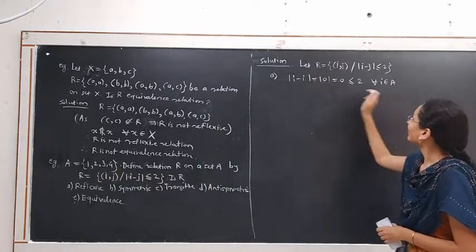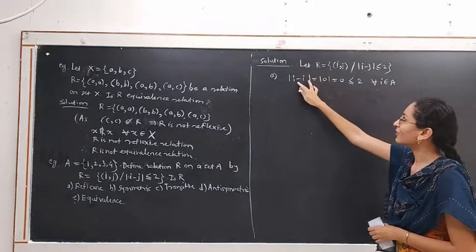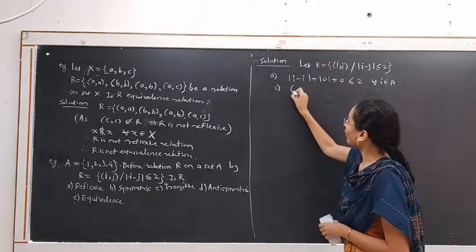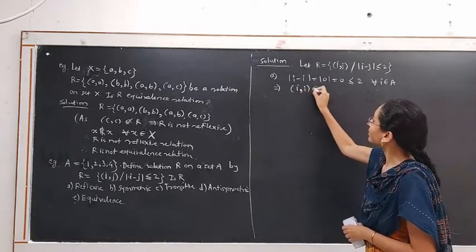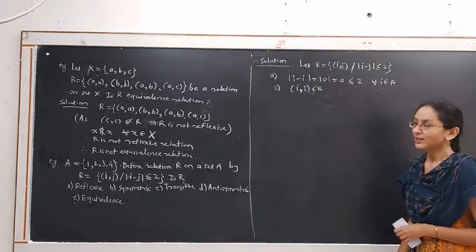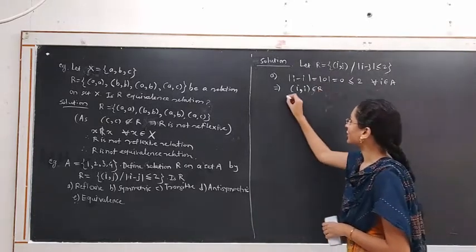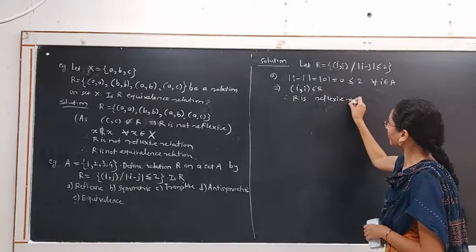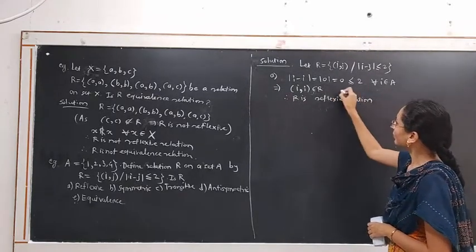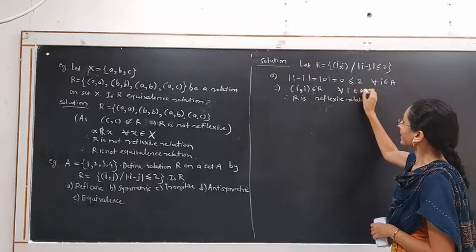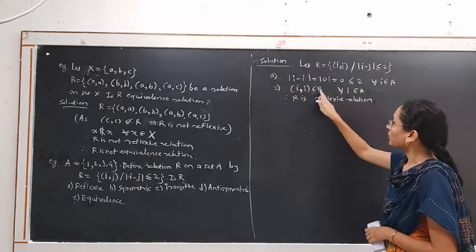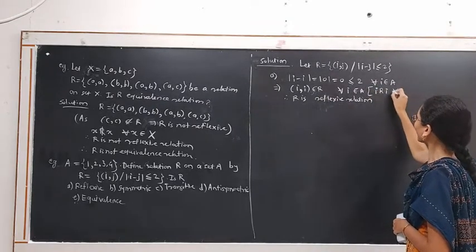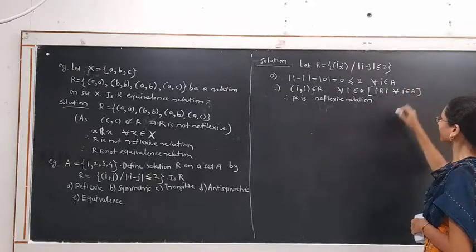Hence, as modulus of i minus i is less than or equal to 2 for all i belonging to set A, the ordered pair (i, i) belongs to R. Therefore, R is a reflexive relation. Why? Because for all i belonging to set A, the ordered pair (i, i) belongs to R, or we can write this as i R i for all i belonging to set A.